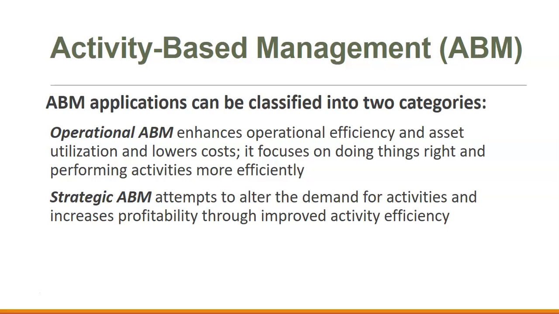So the operational focuses on our daily activities, our operational efficiency, our asset utilization, and looking to lower the cost of doing what we're doing in our operations. For strategy, we're looking to alter the demand for certain activities and to increase profitability through improved activity efficiency.